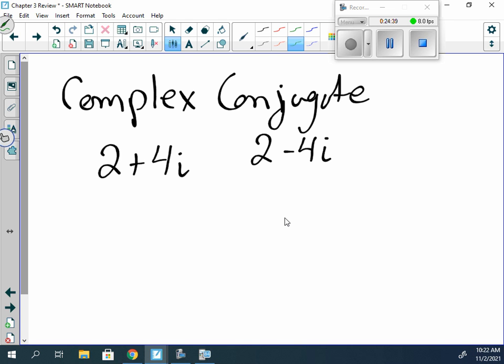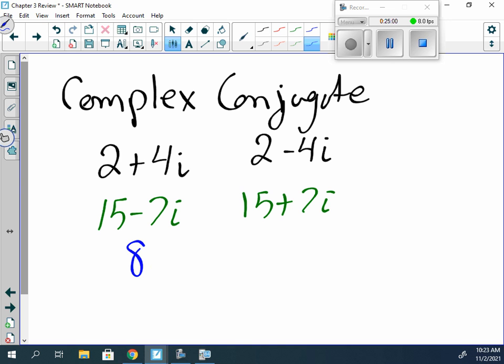And normally I remember, as I'm passing out one of the parts of the test, that this is included. But the complex conjugate of 15 minus 7i is? 8i would be?